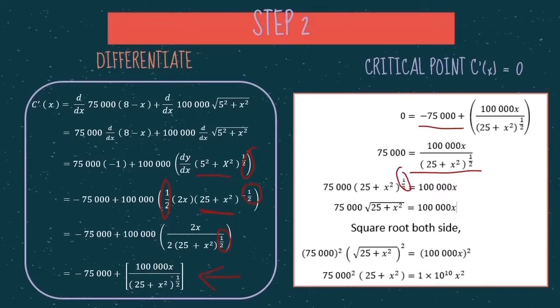To get rid of the square root here, we need to square both sides. So after we have squared both sides, the square root is gone, so we get 75,000 squared times 25 plus x squared equal to 1 times 10 to the power of 10 x squared.